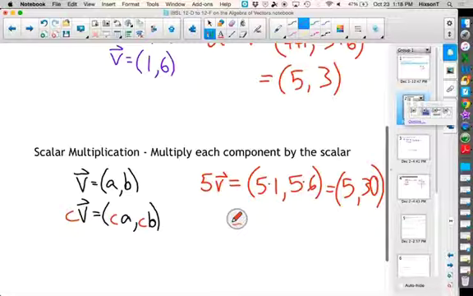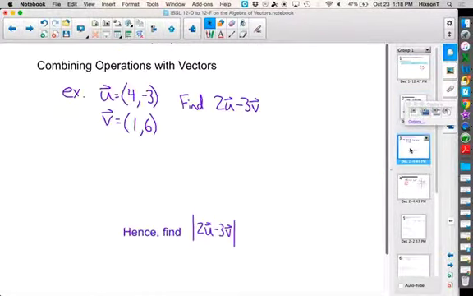Okay? So let's try putting some of this together. Here's a vector u and v. Vector u is (4, -3). Vector v is (1, 6). Try to find 2u minus 3v, combining what we just looked at with scalar multiplication and with addition.